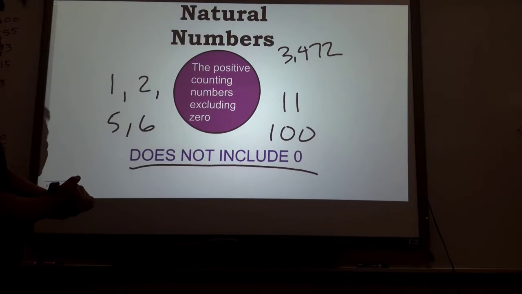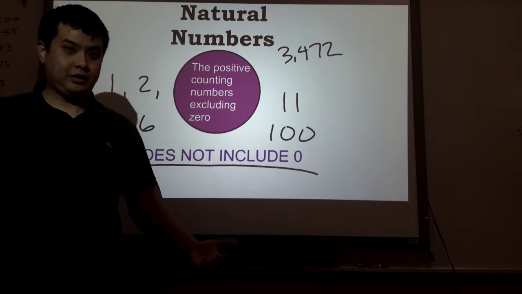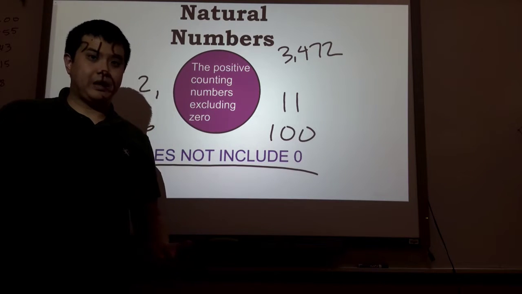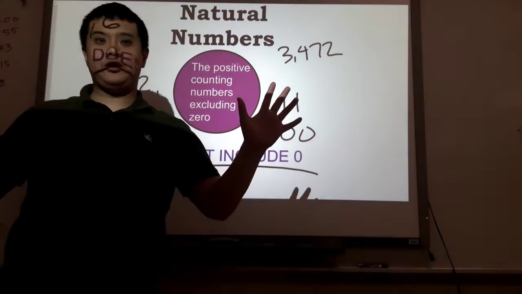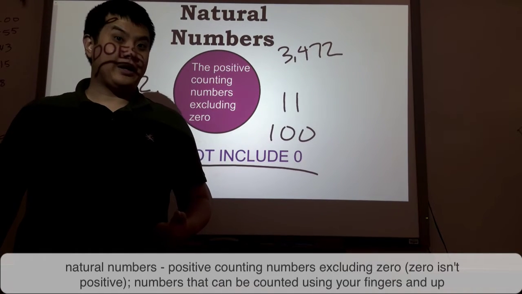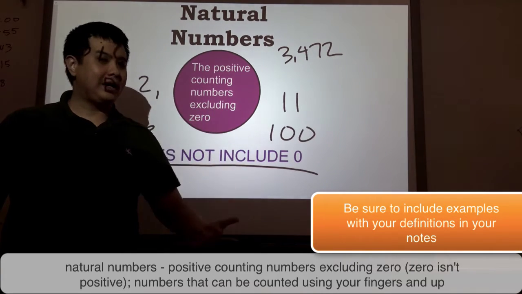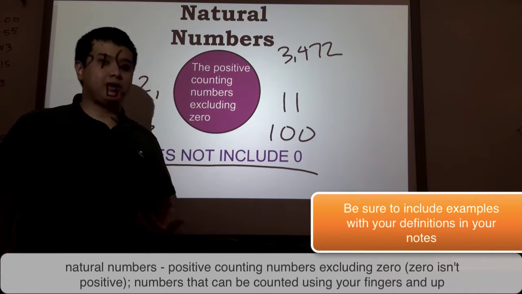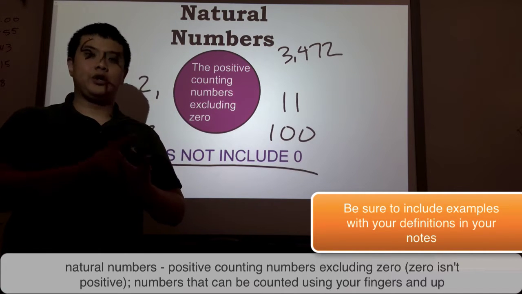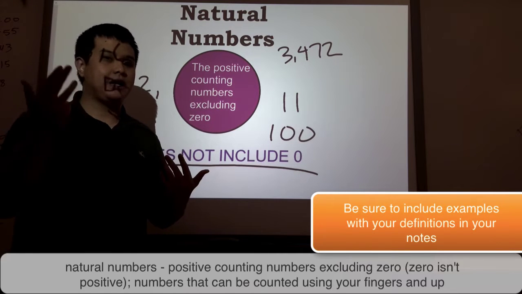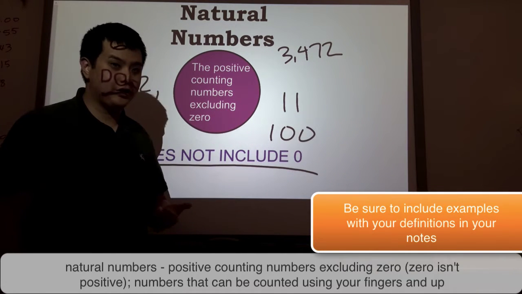So the first one that we're going to talk about are natural numbers. Okay. Natural numbers were the first numbers ever discovered. And they were discovered by looking at the fingers and simply counting up. So natural numbers, also called counting numbers, include 1, 2, 3, 4, 5, 6, 7, 8, 9, 10, 11, 12, and so on and so forth.